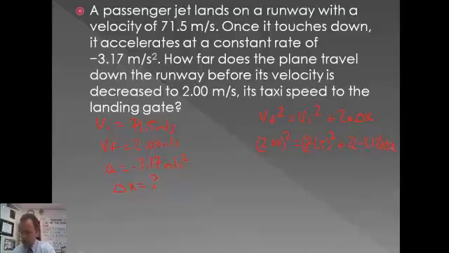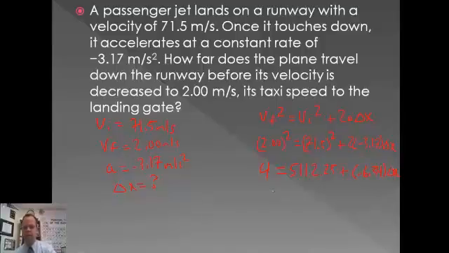2 squared is 4. 71.5 squared is 5,112.25, plus negative 6.34 delta x.